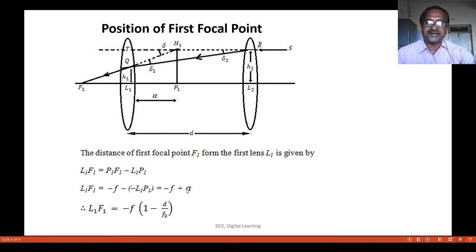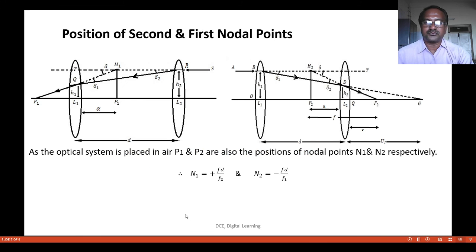On substituting the value of alpha here, we get L1F1. That is, this is at the distance F into 1 minus D by F2 from the lens L1 in the opposite direction. Therefore, L1F1 is equal to minus F into 1 minus D by F2.